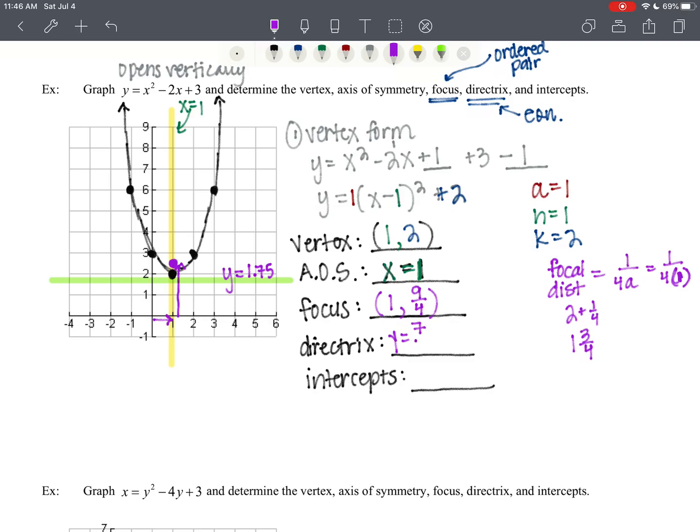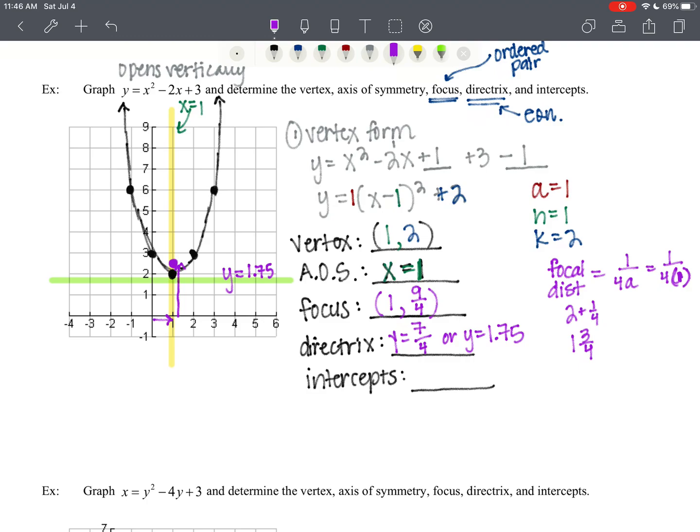So I could say y equals 7/4, or I could say y equals 1.75. It all depends on how your brain processes that. I'm okay with either the accurate decimal or the improper fraction.